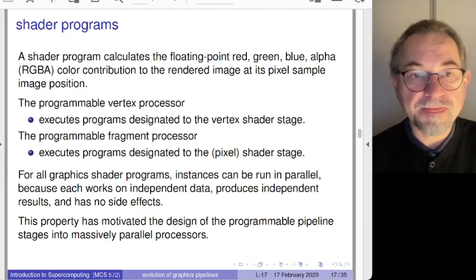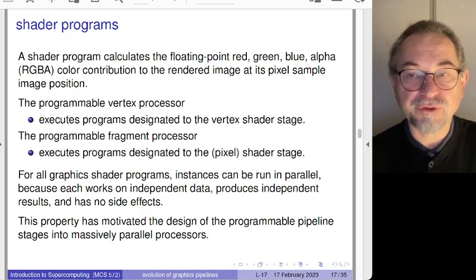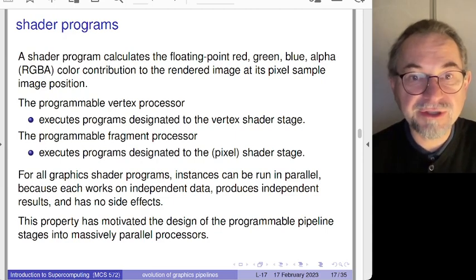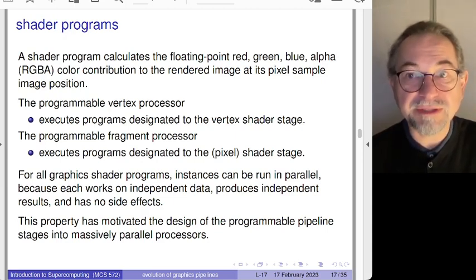So one looks at the corners first, the corners of the triangles, and then in the second stage one deals with the pixels that are inside, outside, or on the edge.